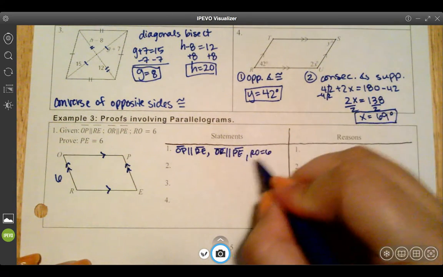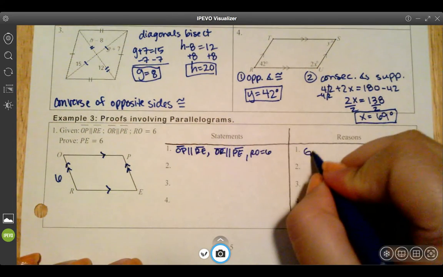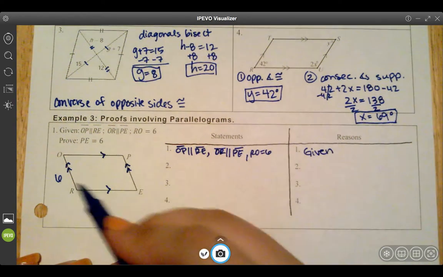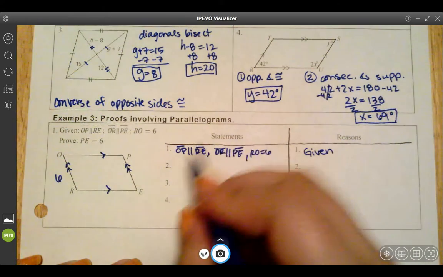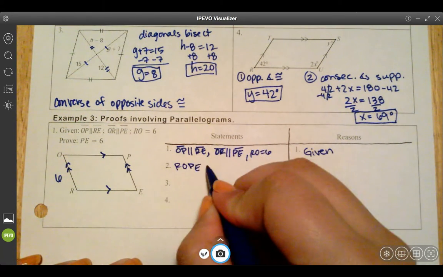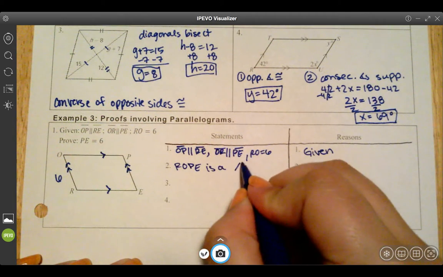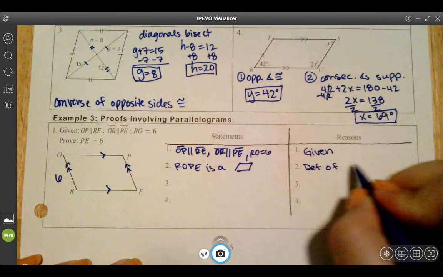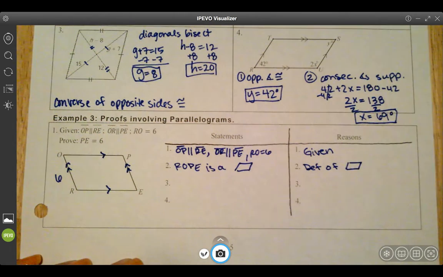No line over that one because that one's a measurement. That is given. Because I have two pairs of parallel sides, I can say that ROPE is a parallelogram. That is by definition of parallelogram.